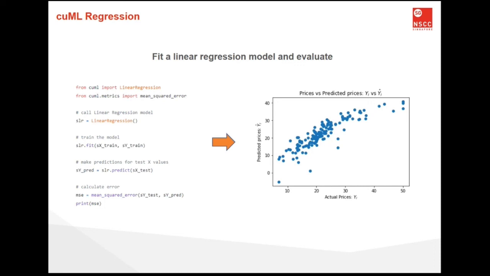In this simple demonstration, we implemented multiple linear regression on the Boston housing dataset with the help of the cuML machine learning library. We can see that this high-level API of cuML is very similar to the one in scikit-learn. And therefore, it is very easy for us to implement and scale up our machine learning models when we are dealing with huge datasets.